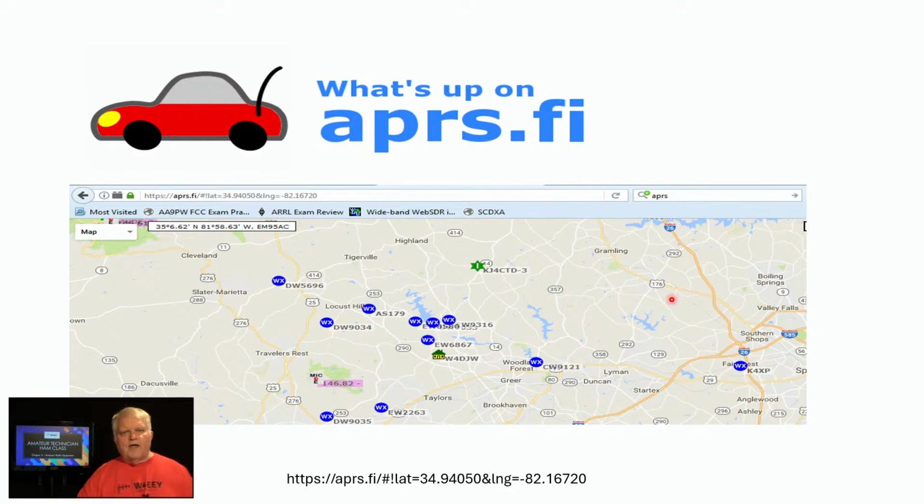But if you go to this website, aprs.fi, it will show you a map of amateur radio stations, typically mobile, that have APRS function turned on their mobile radio, and you can watch people drive around maybe in your area. So there may be hams out there that are very near you, and aprs.fi gets all of this information from packet radio repeaters and nodes that ultimately get it to the public internet, where it's collated and put here on the map. So that's APRS, the Automatic Packet Reporting System.